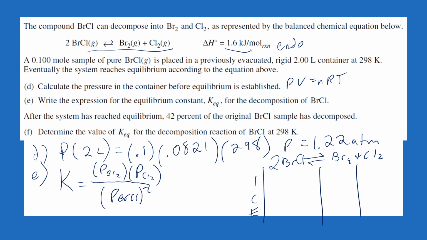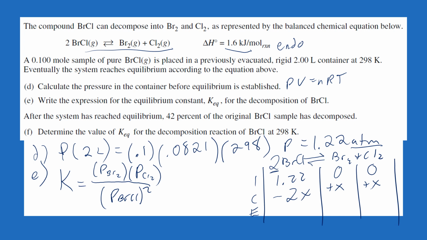Ice chart like this. Okay, so the BrCl, we started with that 1.22 atm, and we didn't have any of the products to begin with. I know this is going to go down by 2x because of that coefficient of 2, and this will go up by x and up by x. Always use the coefficients.